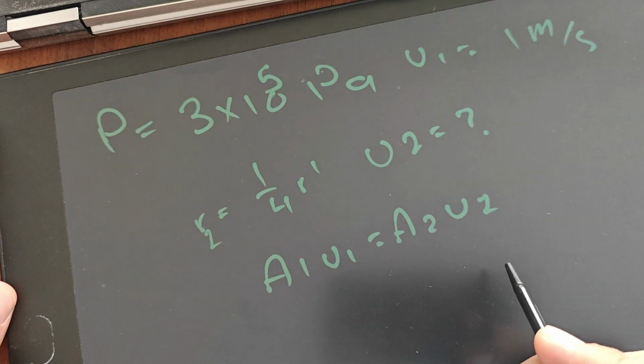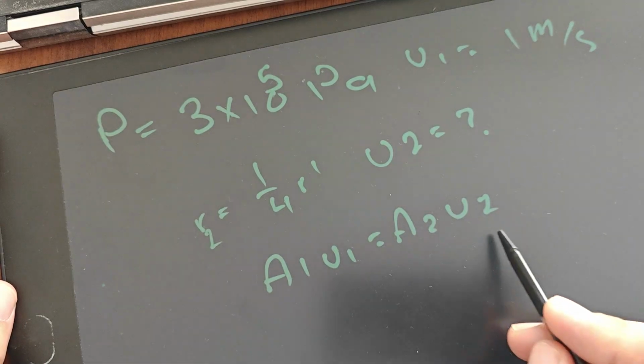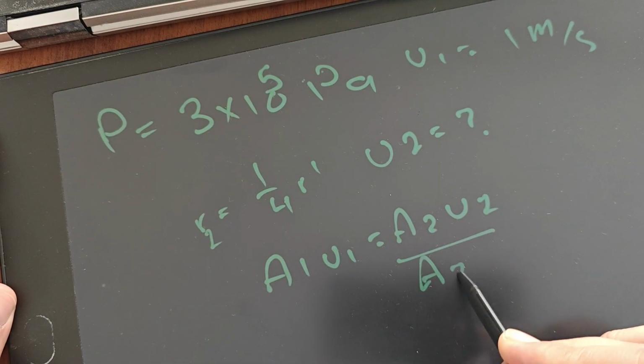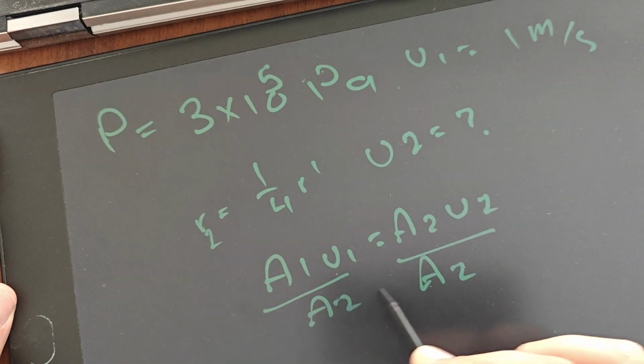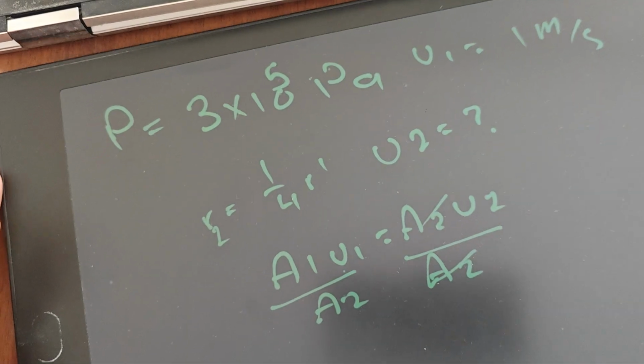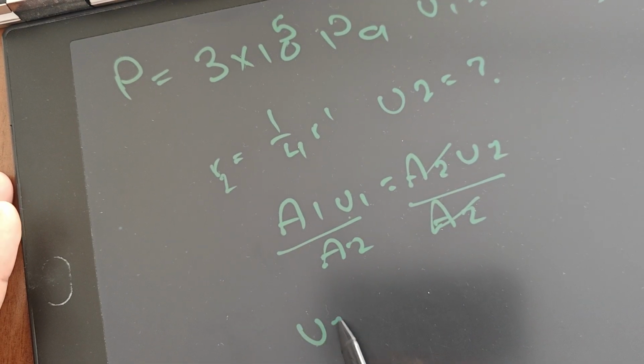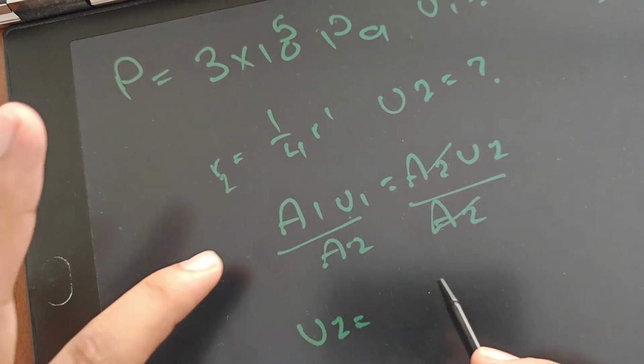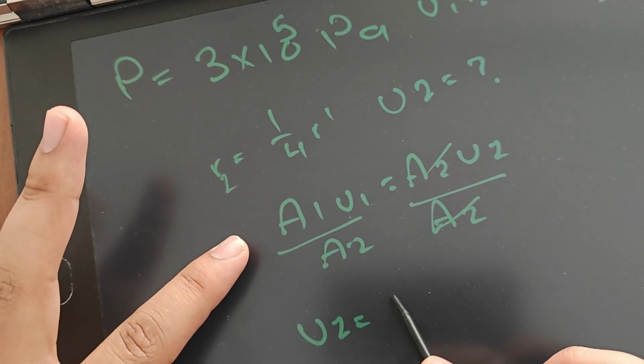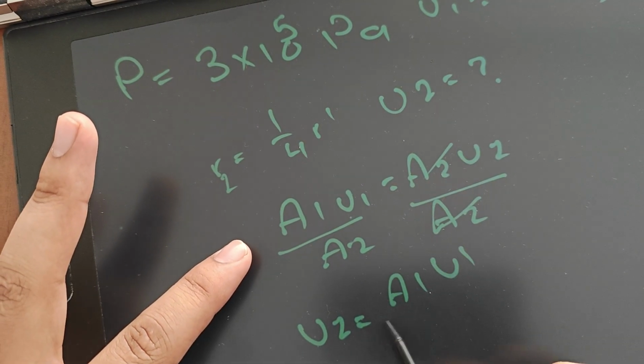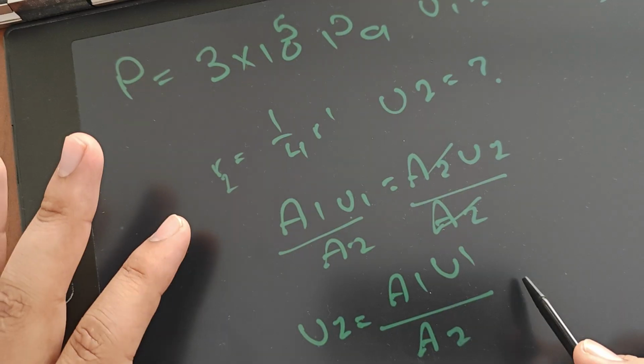To find V2, divide both sides by area number 2, so area 2 is cancelled. V2 is left with A1 V1 over A2.